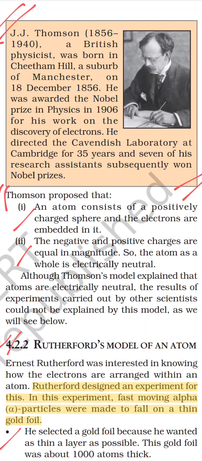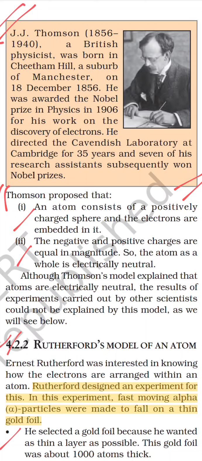Now we will discuss what Thomson proposed. First, an atom consists of a positively charged sphere and the electrons are embedded in it.